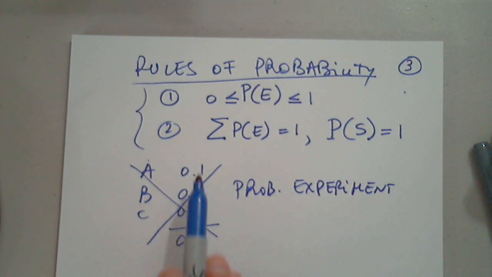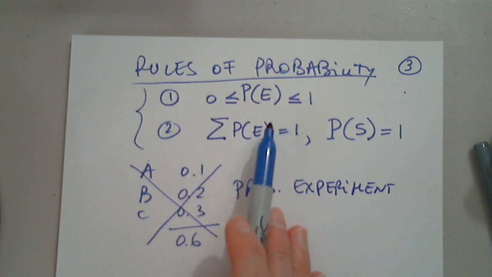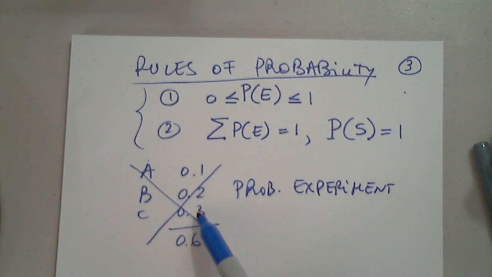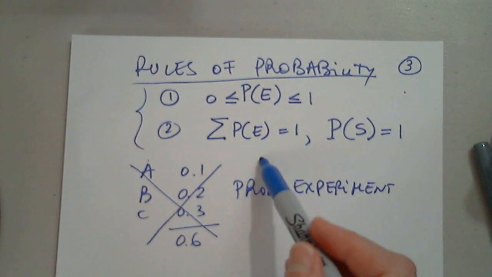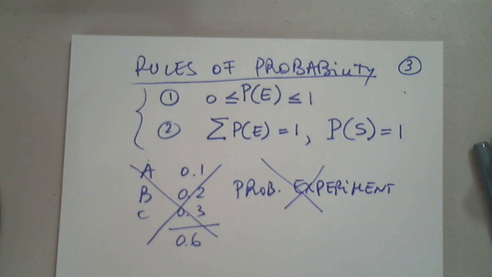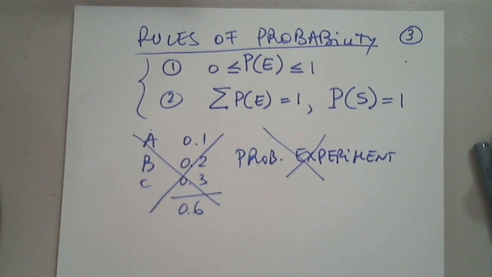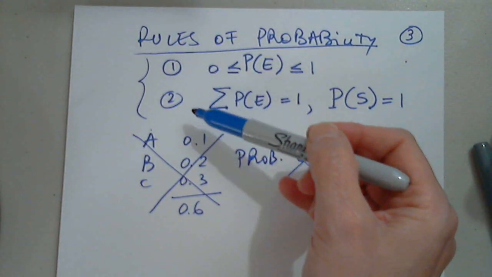It fulfills the first condition, but it does not fulfill the second condition. They do not add up to 1. So this is not a probability experiment. Number one, they have to add up to 1, and all numbers have to be between 0 and 1. Okay. So any probability model has to fulfill both conditions.